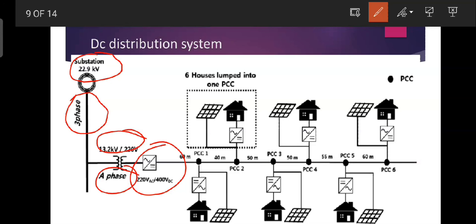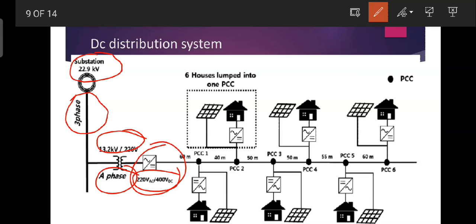And this is from 220 volt AC to 400 volt DC. For our long transmission system we use only the DC system for reduction of harmonics and reduction of disturbance with other transmission lines.